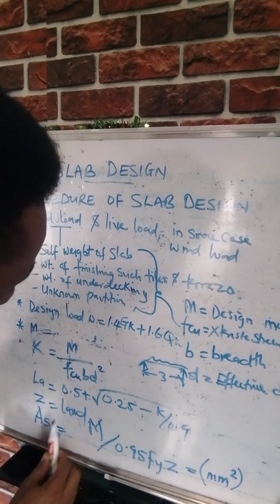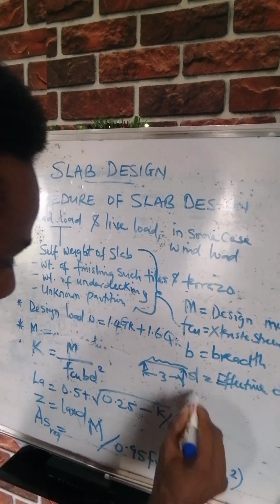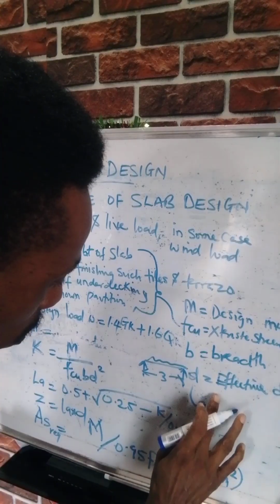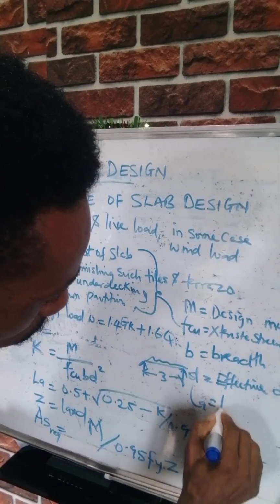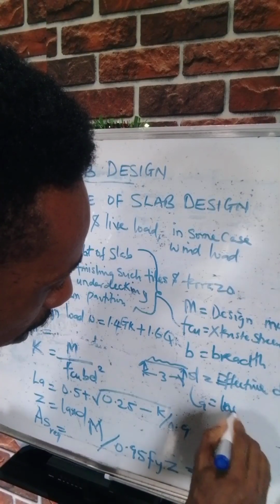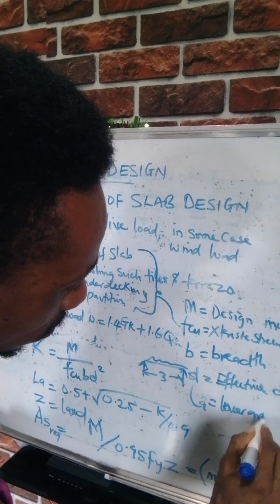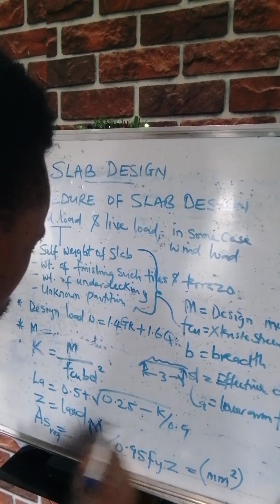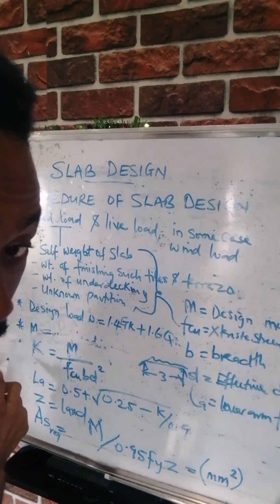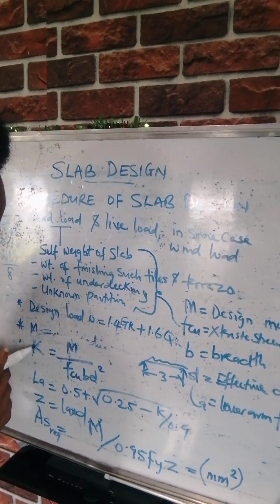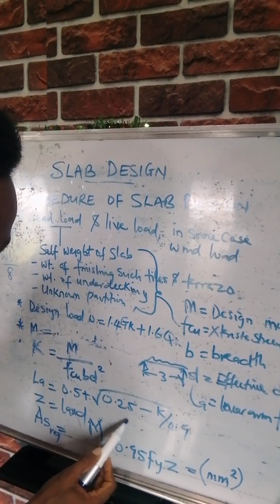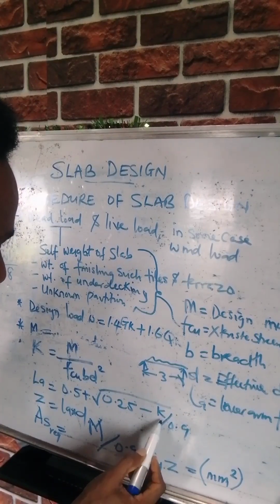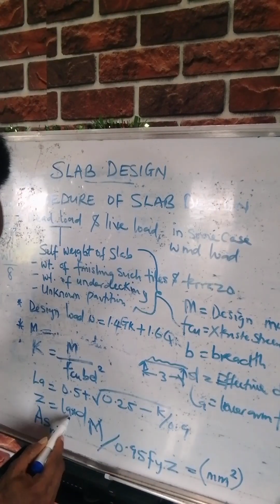Now if you look at this sequence, your LA is your lever arm factor. You have to calculate it. So the K value you got here, you have to substitute into this equation and compute whatever the outcome is.